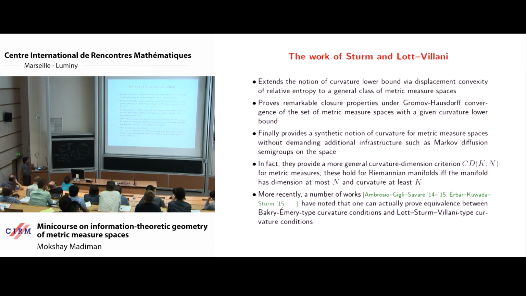So one of the reasons that people were interested in these things was to say things about spaces that don't have Riemannian structure, that are singular in some way. And they proved these closure properties under appropriate notions of convergence on the set of metric measure spaces with a given curvature lower bound, which means that you can deduce things about singular spaces from sequences of Riemannian manifolds, for instance, which converge to them in an appropriate sense.